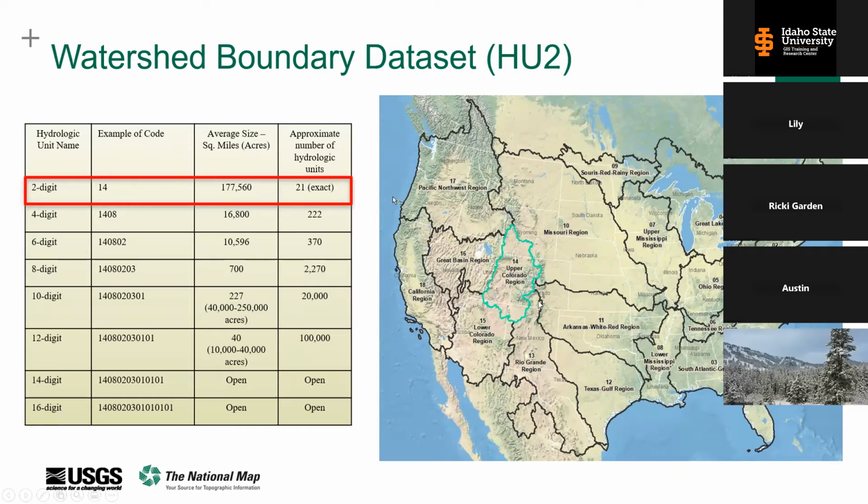So we're going to use our Upper Colorado region as an example of this subdivision all the way to the 12-digit hydrologic unit level. So we're starting here at our 2-digit region 14. Now, the size of this hydrologic unit, the average size is 177,560 acres. We have exactly 21 2-digit hydrologic units in the national WBD data set.